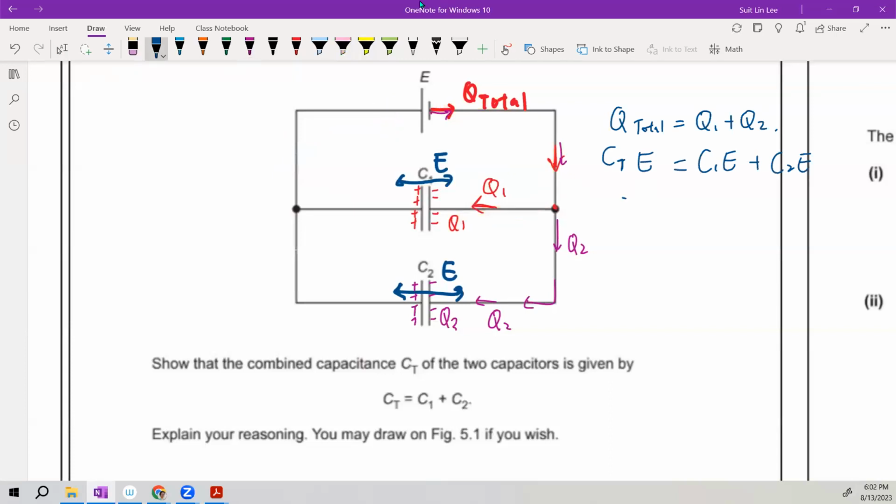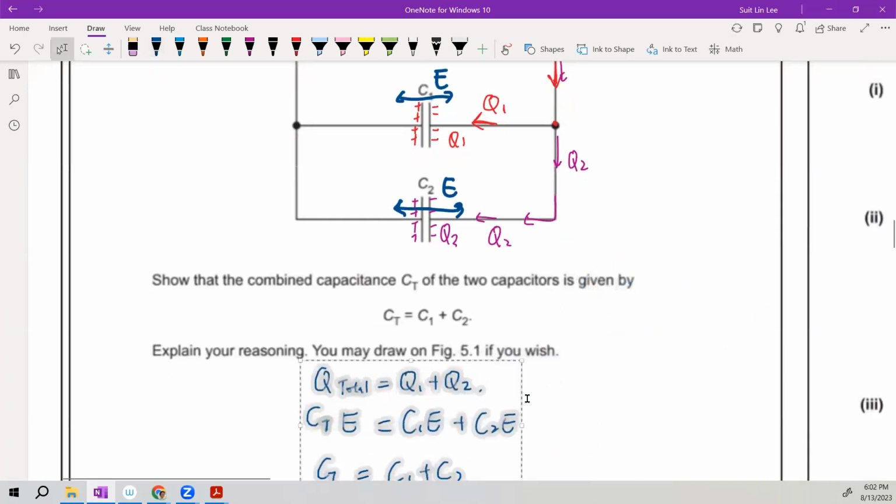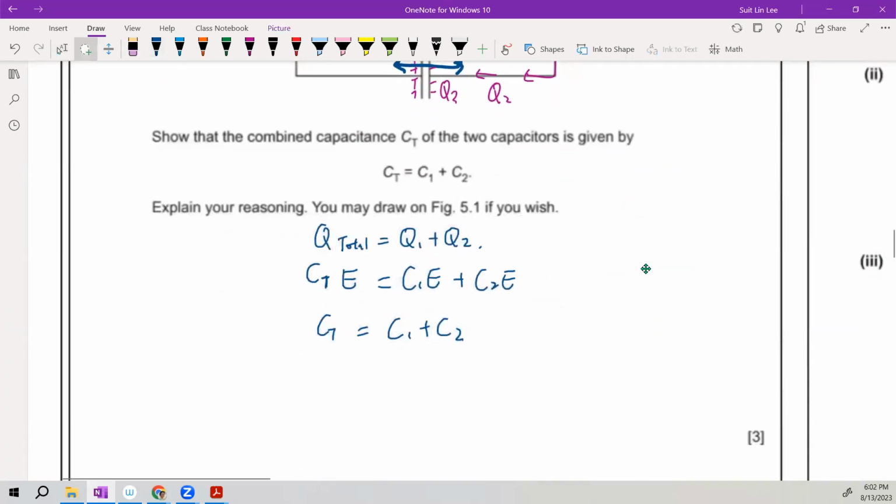I cancel all the E, right? CT is C1 plus C2. Okay, like that. It's a bit like deriving the total resistance equation. All right. So this one is 1 mark. This one is 1 mark.